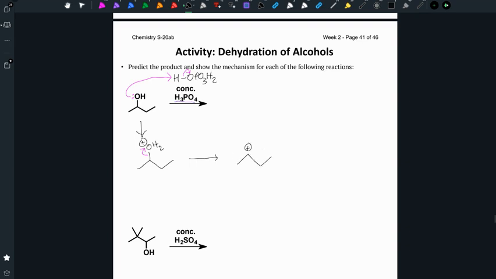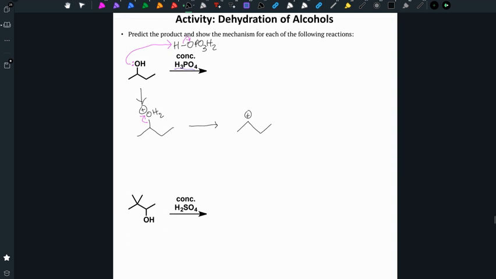That leaves me a carbocation. And to get to the point of what I was saying, where you could have a Hofmann or a Zaitsev product, in this case, I have two neighboring carbons where I could remove a hydrogen. I could remove a hydrogen over here on the left, or I could remove a hydrogen over here on the right. Okay.